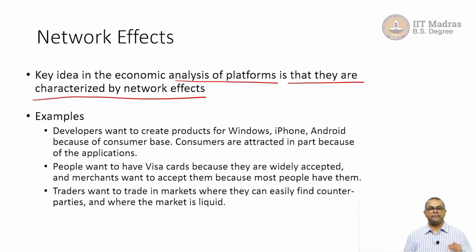Of course, people have been building things on top of that, but that's innovation. But at the foundation is network effect in each of these platforms. So developers want to create products for Windows, iPhone, Android because of the customer base, and consumers are attracted in part to these platforms because there are developers willing to provide different kinds of apps.